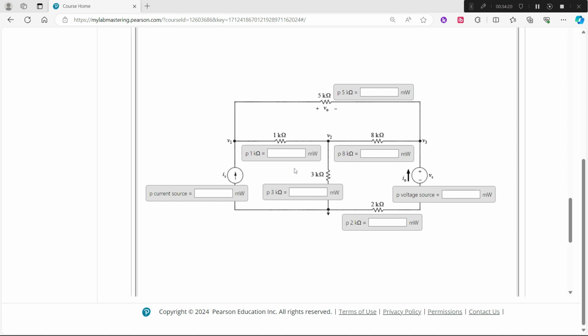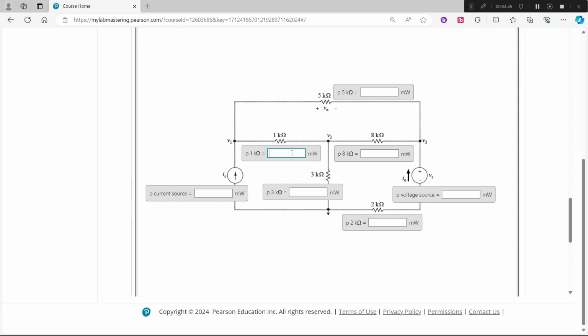V1, which is 75, I believe, squared, divided by 1,000. It's in milliwatts, by the way. So I got 5.625, but it's gonna be 5,625 whole.